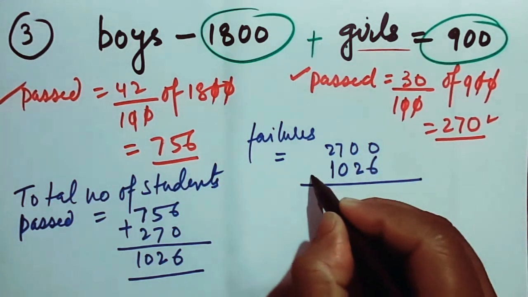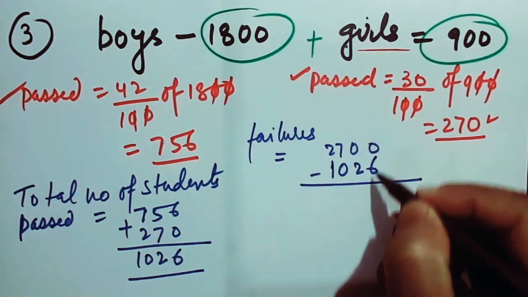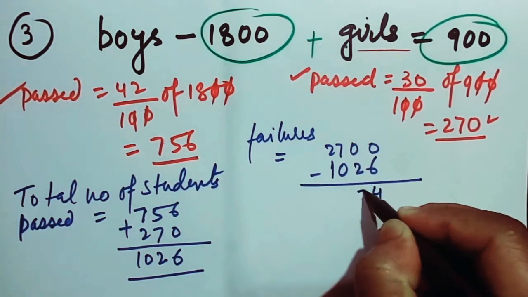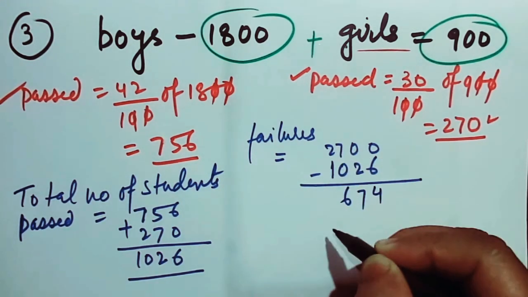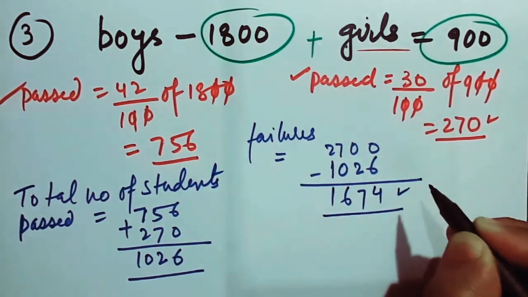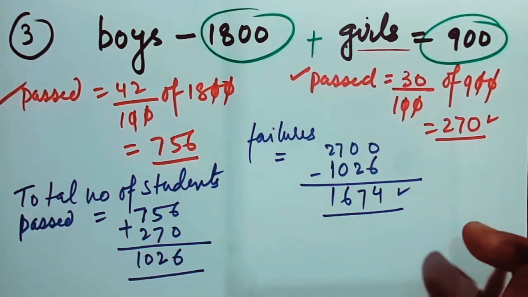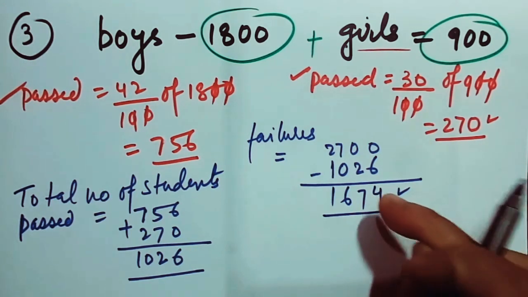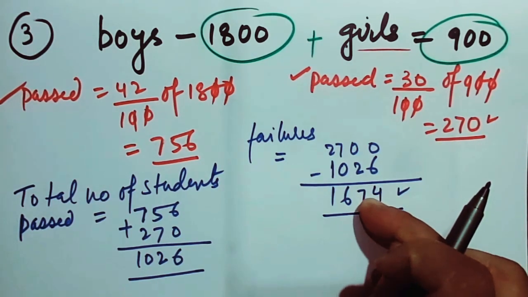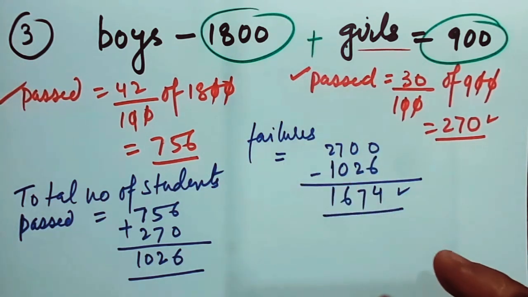Therefore, after subtracting them, you get 1674 as your total number of students who have failed, isn't it?